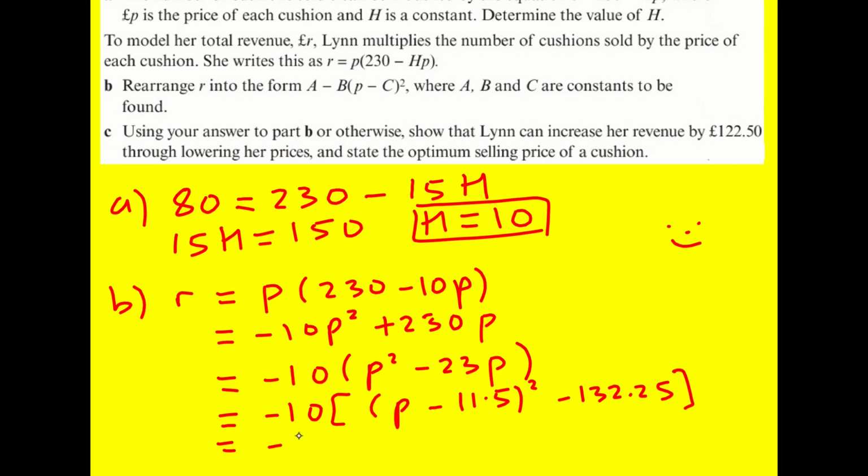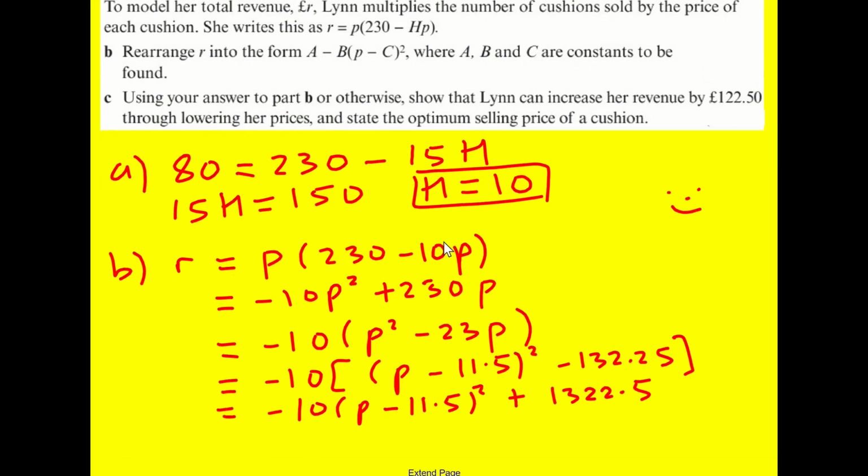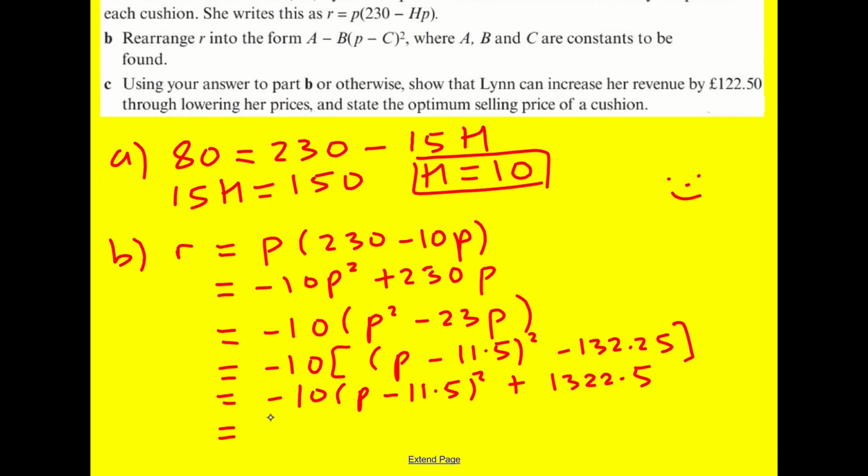Which is going to be minus 10 p minus 11.5 squared plus 132.25, which is nearly as they've asked for it. Again, we just need to switch it around like so. And I'm just going to say what A is again.